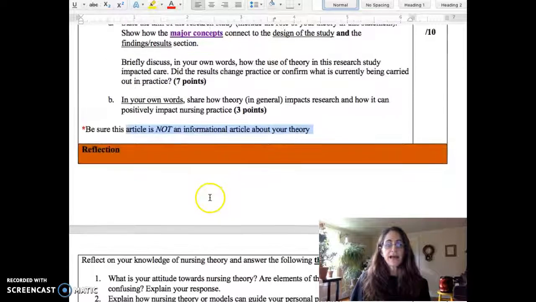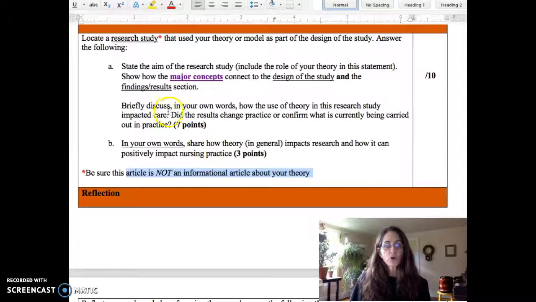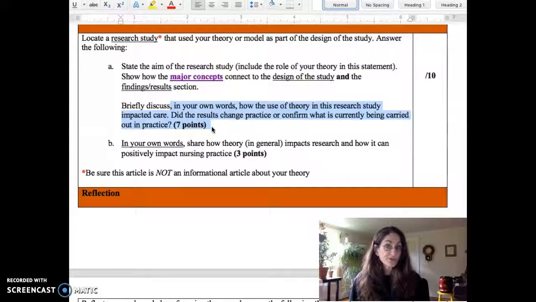Okay, and again, the weight. So when you're discussing the theory and the research, it's 7 points. So it's not going to be 1 or 2 sentences. You know, I don't count sentences. The only time I really count them is when there's hardly any sentences. Okay. Again, 3 points here.